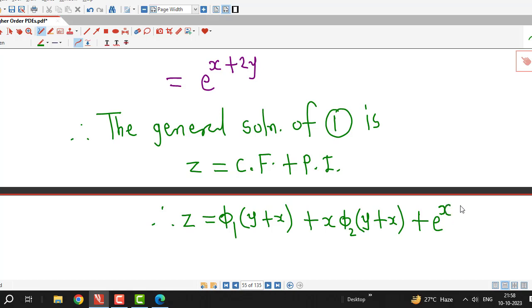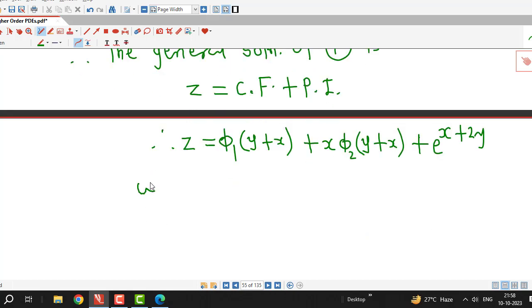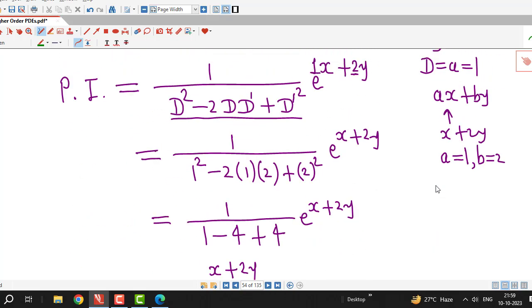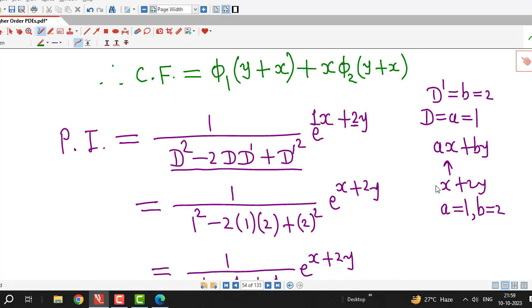e raised to x plus 2y, where this phi 1 and phi 2 are arbitrary functions. So in this way we can easily find out the particular integral using the shortcut method.